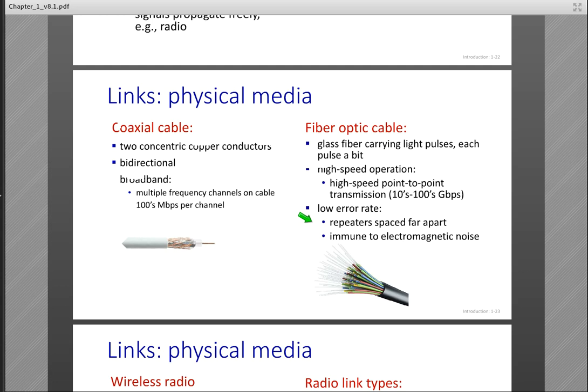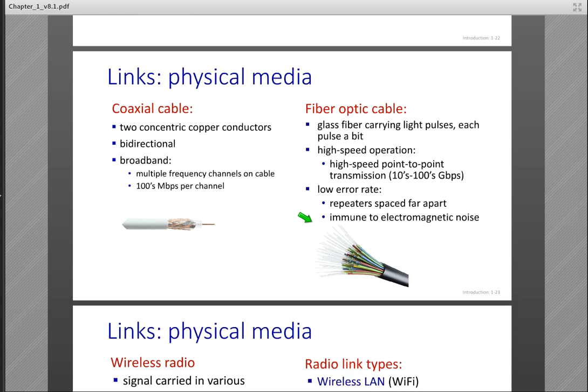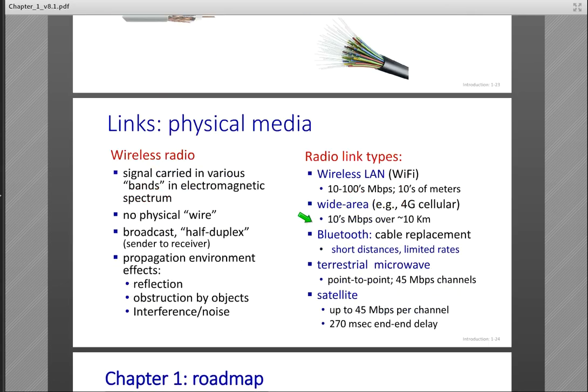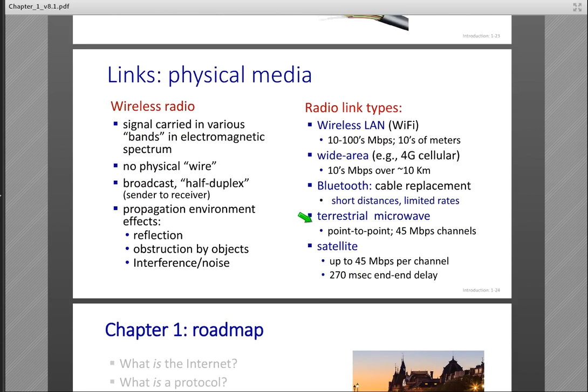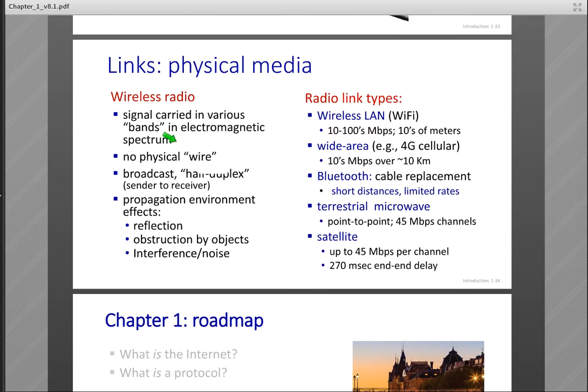Okay, so their error rate is very low, and they are immune from electromagnetic noise, and we only need to repeat the data over very long distances. For example, every 100 kilometers, we need a repeater or an amplifier to send data again to far distances.